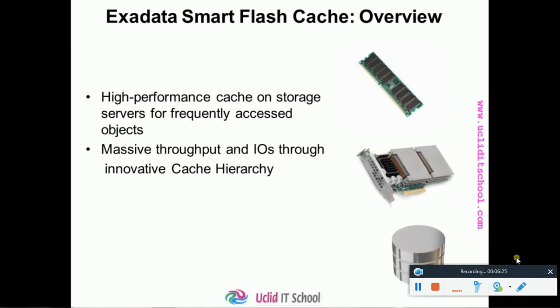Compared to flash, DRAM is much faster, but it is limited by capacity. All three types of storage with different performance characteristics are included in Exadata. All that you need to do is effectively use them by caching different data at different levels. With that you can achieve the massive throughput and IOs required for your OLTP kind of workloads.